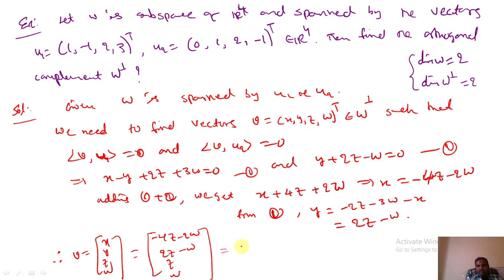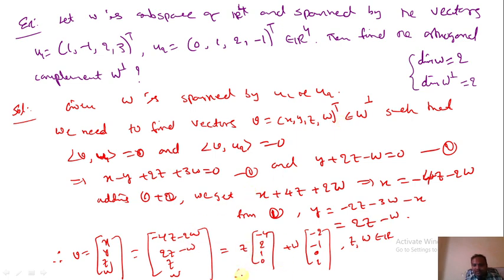That means if you take z common, minus 4, 2, 1, 0, and take w, minus 2, minus 1, 0, 1. So v belongs to W perp, and v is spanned by two vectors with z and w any real numbers. These two vectors span the W perp group.